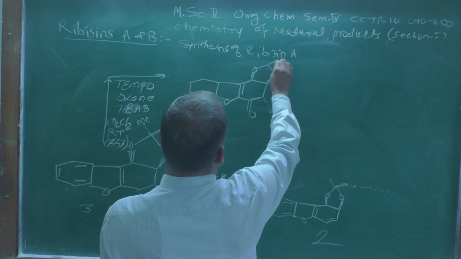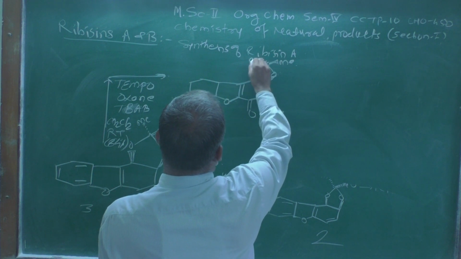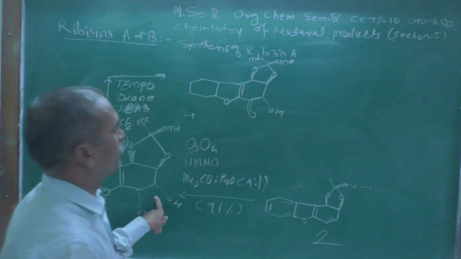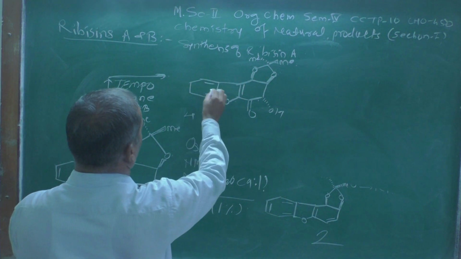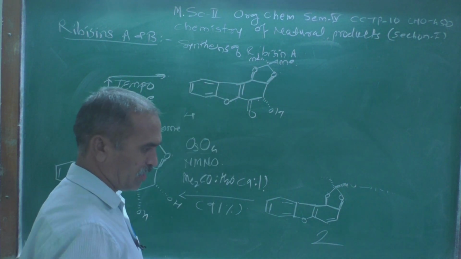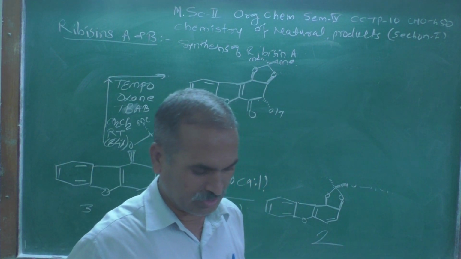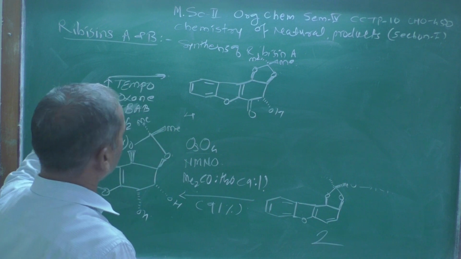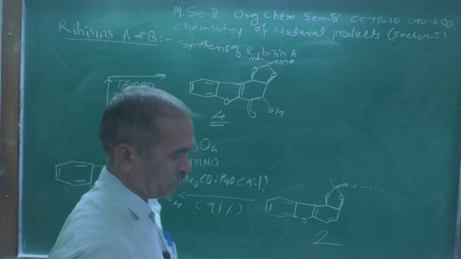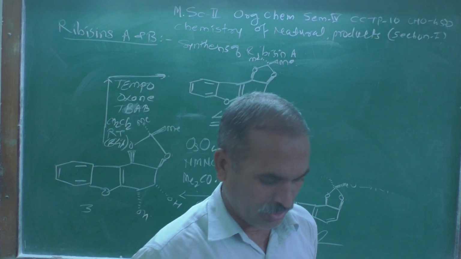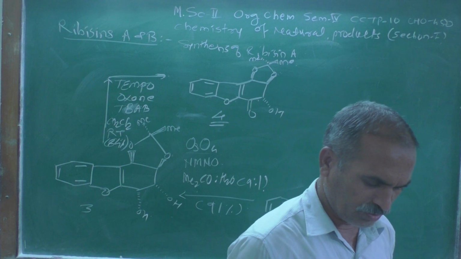This methyl group is above the plane, this methyl group should be below the plane, and the rest, the double bonds and the benzene ring moiety, remain as they are. So this is the product, compound number 4, which we got over here.